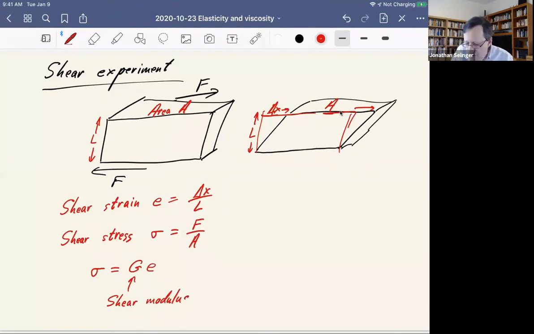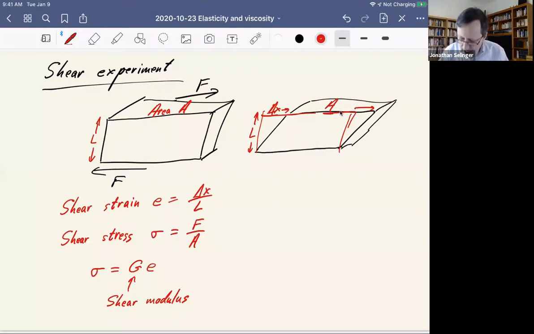So the shear modulus is a property of the material. It is a different property than Young's modulus. It is something else which is tabulated in books about properties of materials.